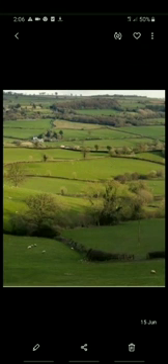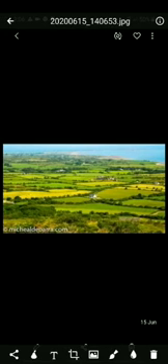Then you have fields. Fields means what, children? It is a land which is used for agriculture, means for growing crops. These fields are also part of our environment. Then you have houses. It is a shelter, a place where we live.